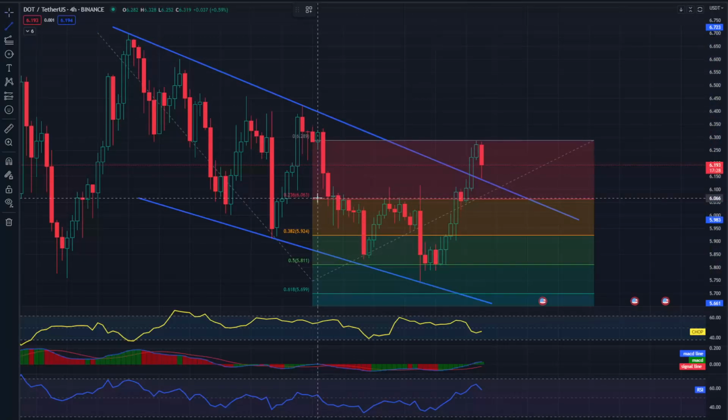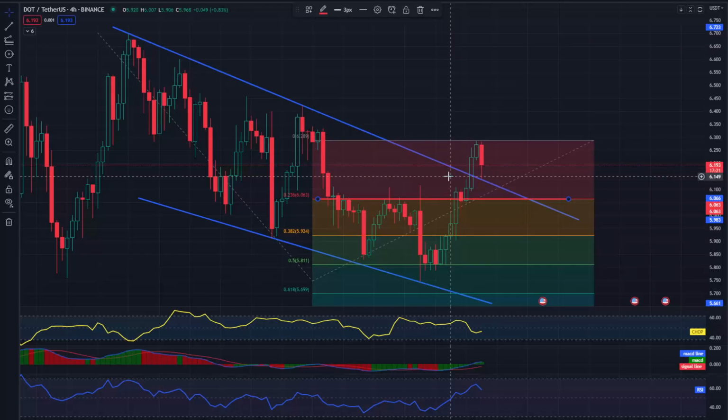Let's start by marking the support spots for the price, and we see that we first have support at $6.06 just as we return to the descending channel. But if the price goes lower, we have another support at $5.92, then at $5.81.